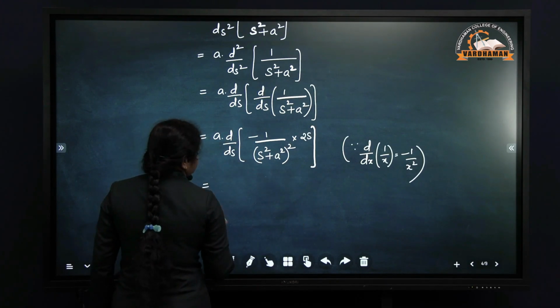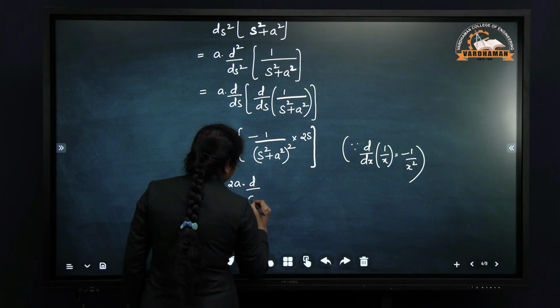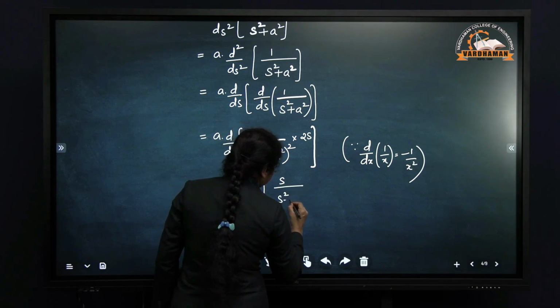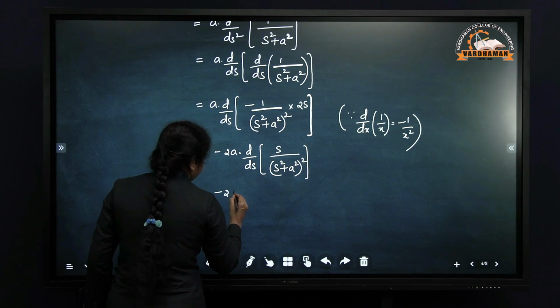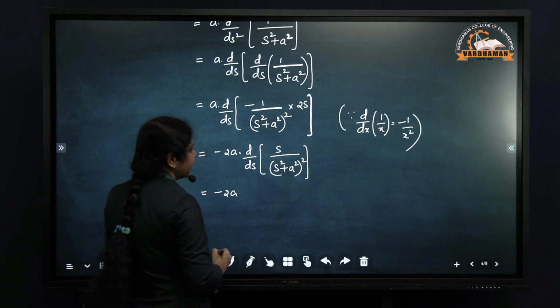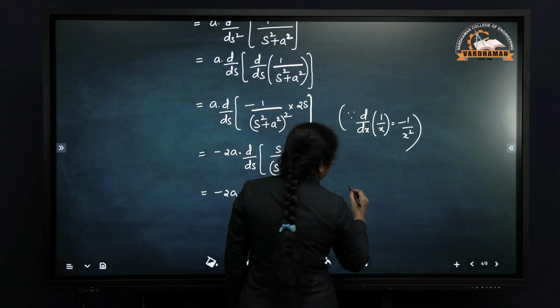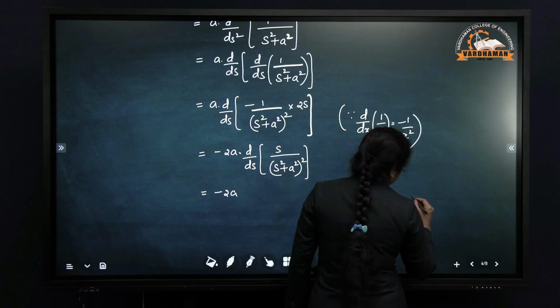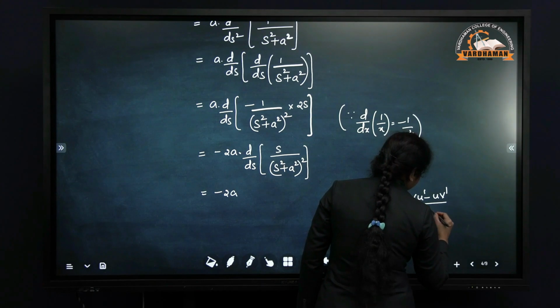Now this expression can be written as minus 2a into d by ds of s by s square plus a square whole square. So one more time we have to differentiate the term s by s square plus a square whole square with respect to s, again applying the formula for the derivative of u by v. This is nothing but v u dash minus u v dash by v square.